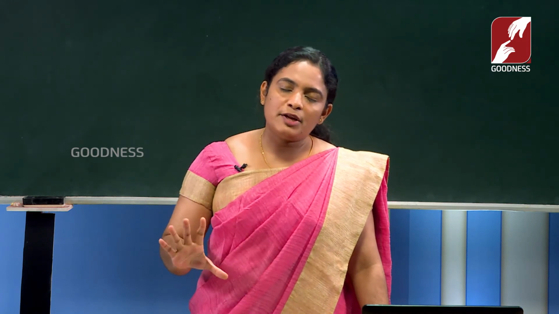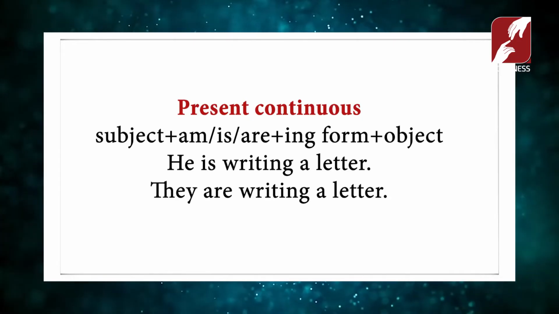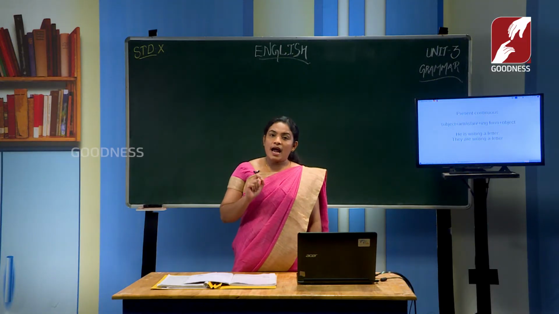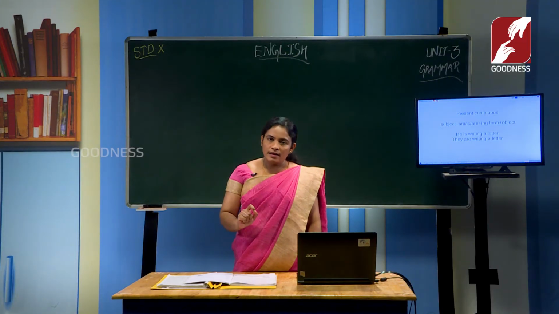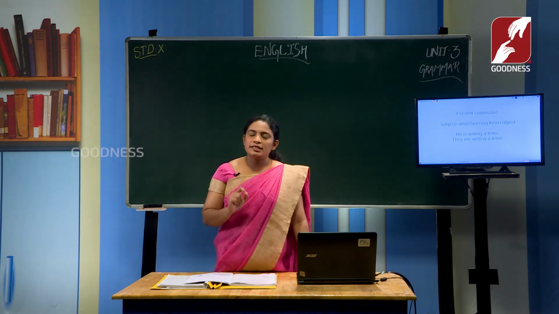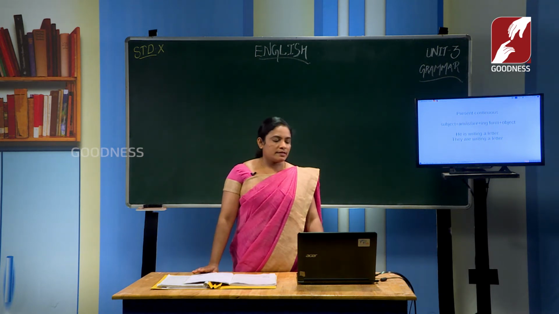In all the continuous tenses there will be the ing form of the verb. And what else will come with that? Subject plus am, is, are, any one of these according to the subject, and the ing form of the verb also will come there.